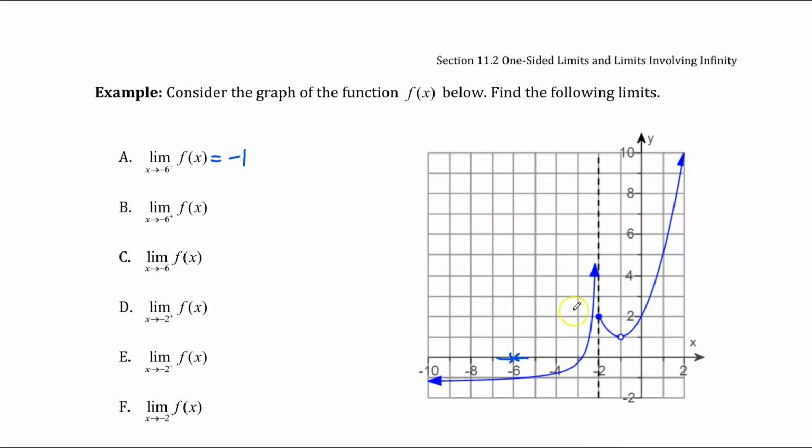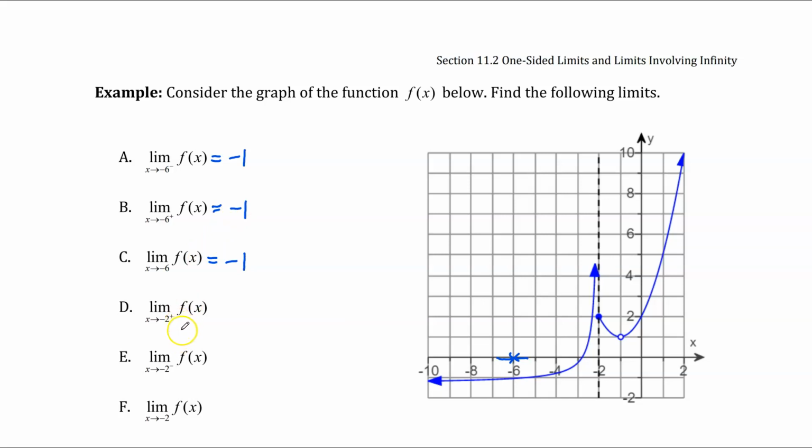So we say that the right-hand limit is negative 1. Now both the left-hand and the right-hand limit exist and they're both equal to negative 1. Therefore, we say that the limit of the function as x approaches negative 6 is equal to negative 1.